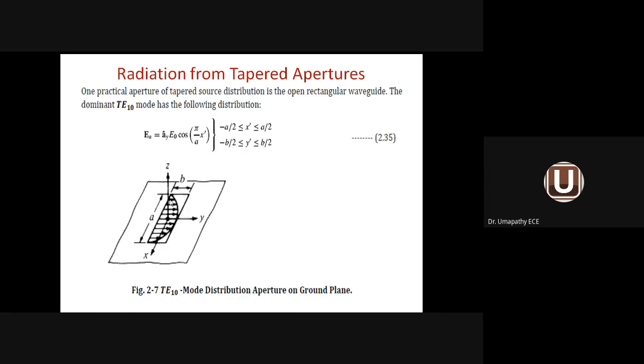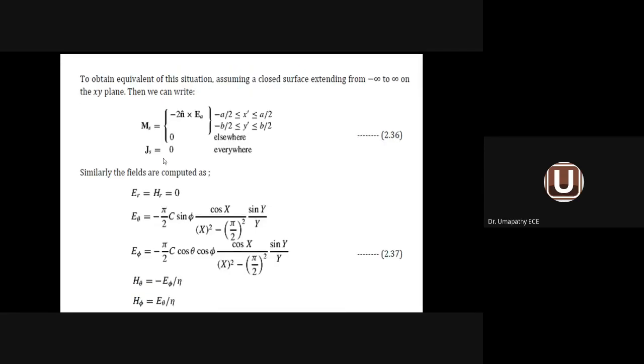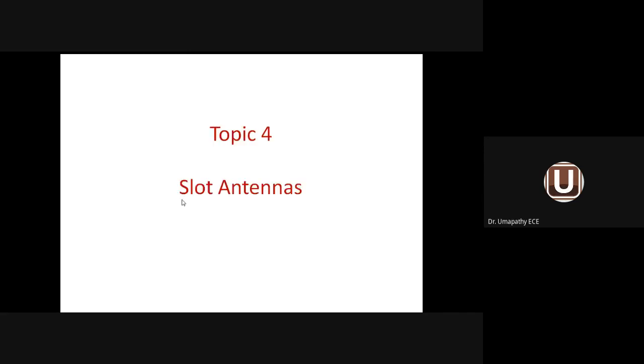Here also we follow the same methodology. This tapered aperture also has dimensions A and B. Here also the current density is equal to 0, and the magnetic field intensity is minus 2 n cap cross E sub a. I can calculate E theta and E phi, where ER and HR equal 0, in the same manner as for the uniform aperture, by which we have completed 3 topics.